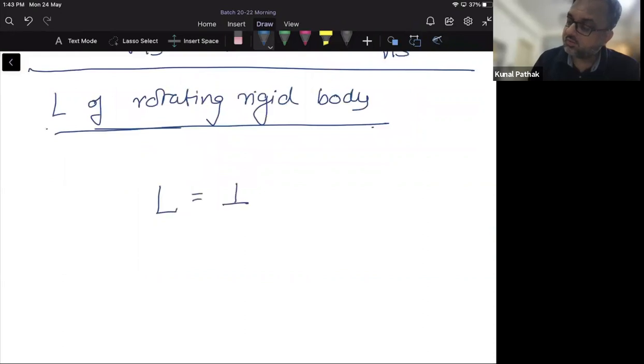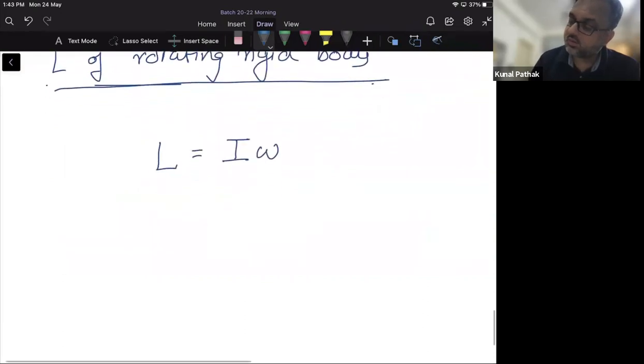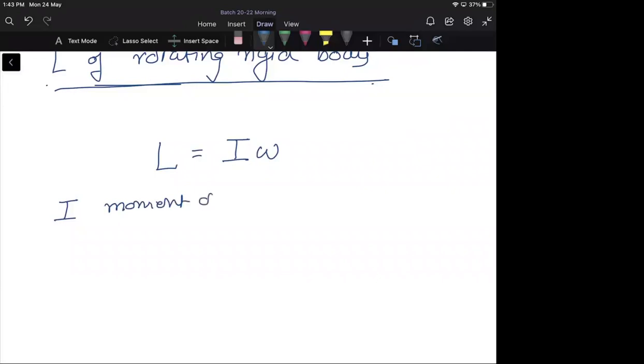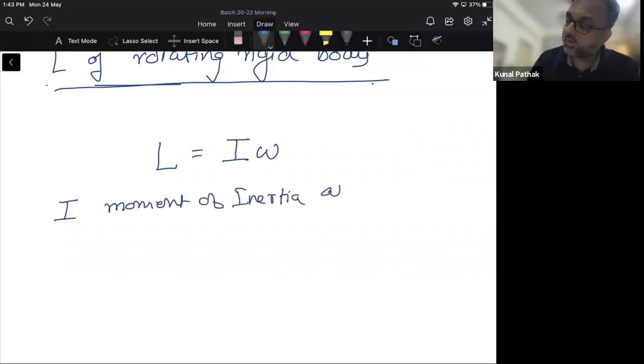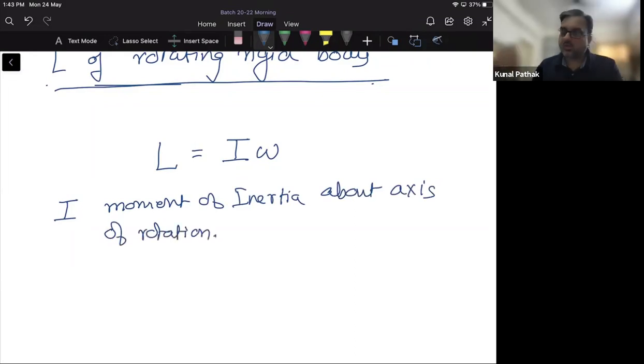Angular momentum of a rotating rigid body is I omega, where I is the moment of inertia about the axis of rotation. Right? What does this mean? क्या मतलब हुआ इसका?